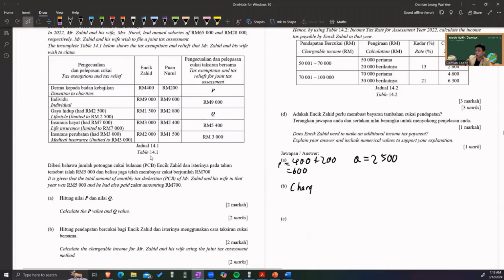So for the chargeable income, we take the total income, 65,000 plus 28,000, minus 600, minus 9,000, all the exemptions and reliefs: 600, 9,000, 2,500, 5,400, and 3,000. All these are minus. So just calculate.